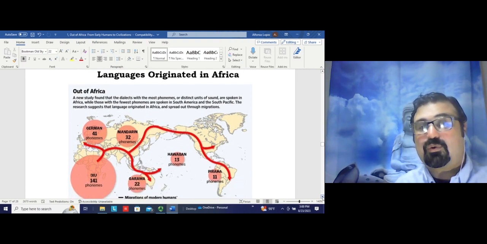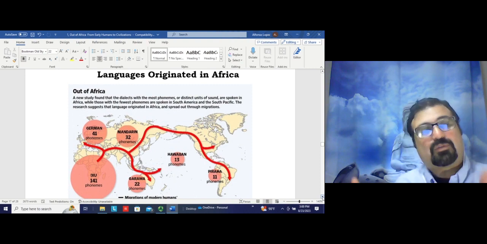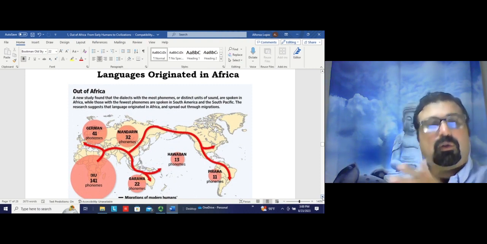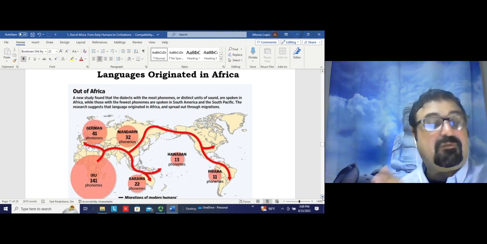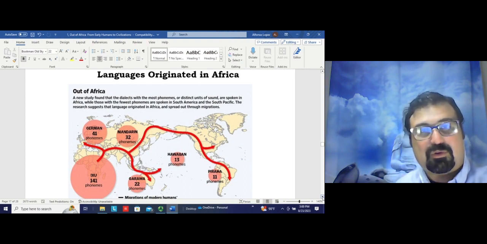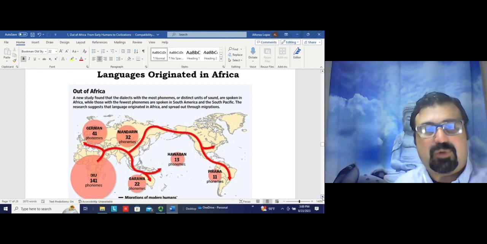And languages, of course, originated in Africa due to the fact that this is where the very first horticultural practices, the very first early farming activities or horticultural activities, the gardens actually originated.